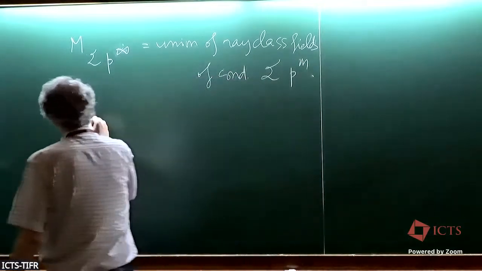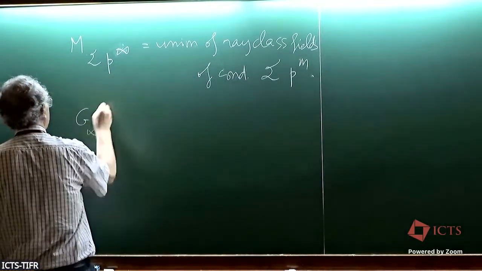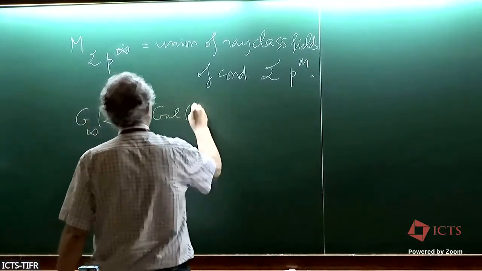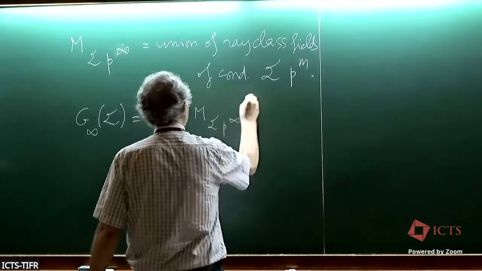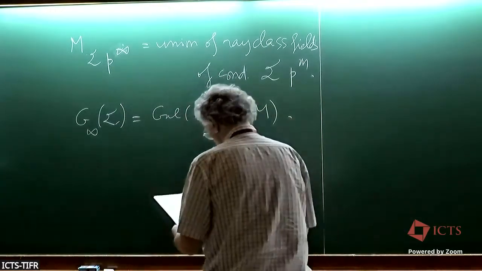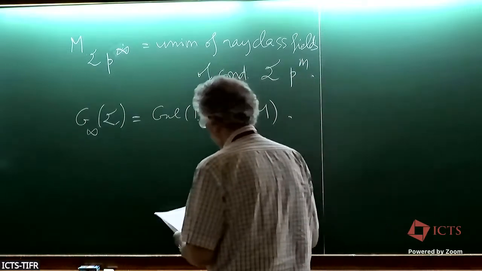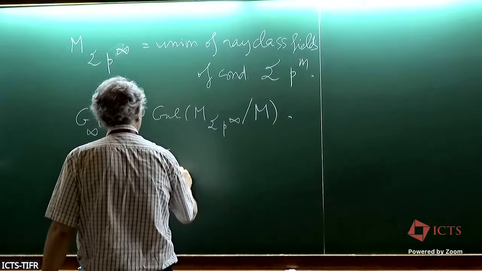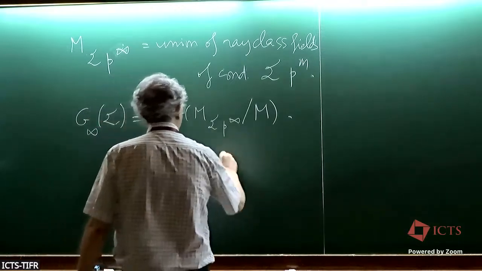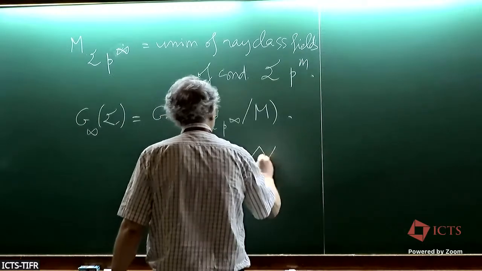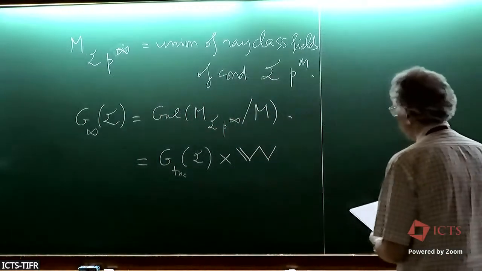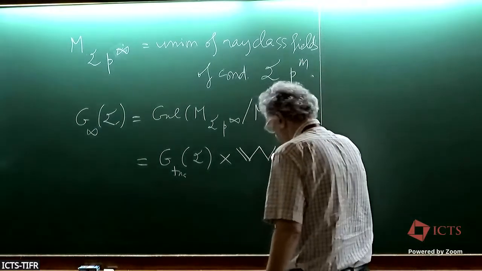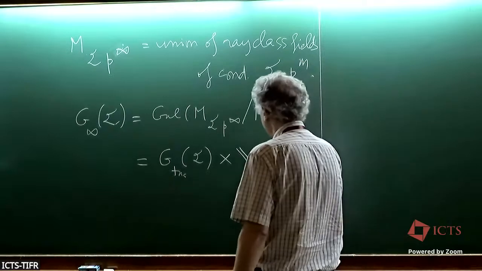So the Galois group over M is a profinite group, which can be decomposed as its torsion part and its p-profinite part.